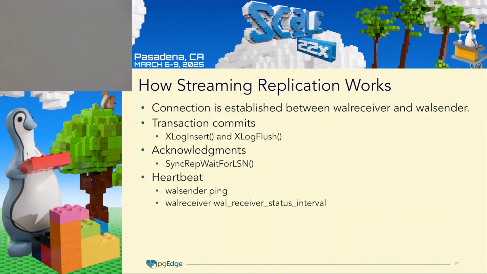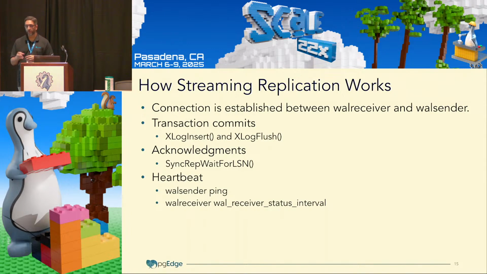These are the three LSNs, log sequence numbers, which the standby would be reporting back to the primary server. As a transaction commits, it's going to wait for those confirmations. It sleeps on a particular function during commit transaction processing.